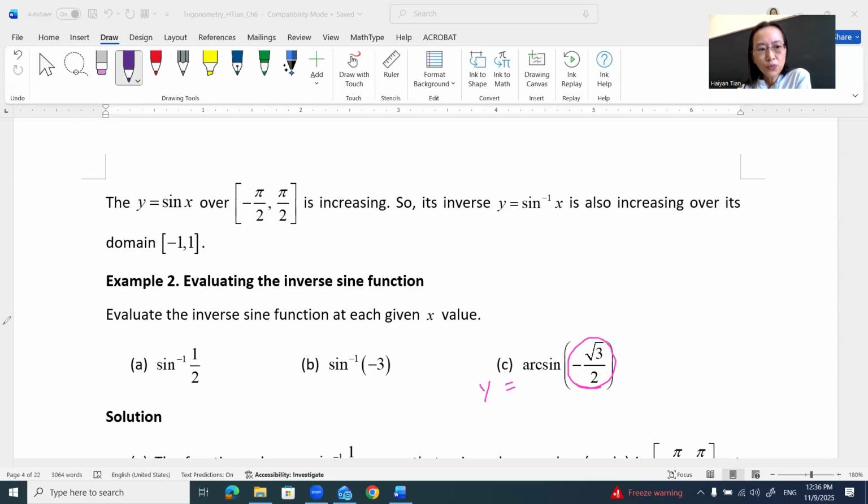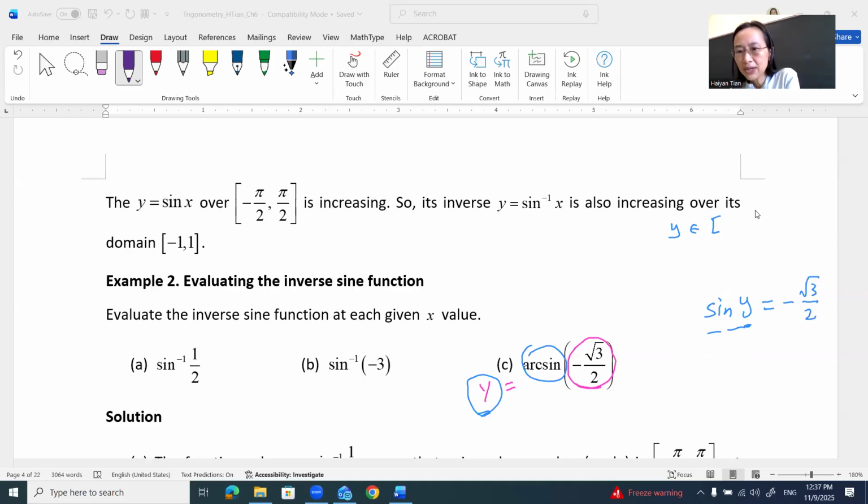So in order to get this y, we know that this y must be a certain y whose sine value is negative square root of 3 over 2. So this y has to be in that interval, remember, in the domain of a sine function, so that this y is in the range of the inverse sine function.